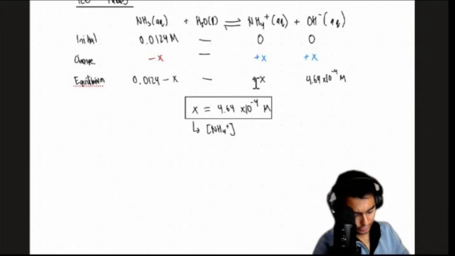Because we have an NH4 plus, which is an X, and then an OH minus, which is also that same value, which we already solved for X. Then we're going to divide by that term 0.0124 minus x, which we already said was 0.01194. Okay? And if we plug those values into a calculator, we're going to arrive at 1.8 times 10 to the minus 5.